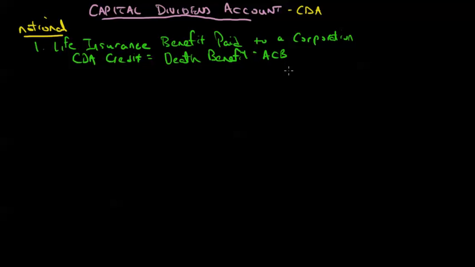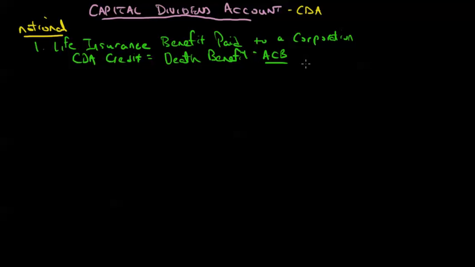So if you have a nil adjusted cost basis or a zero adjusted cost basis, as in a term policy or as in most T to 100 policies, this is not a concern. But if you have a UL or a whole life policy which has an ACB, that's going to reduce your CDA credit.